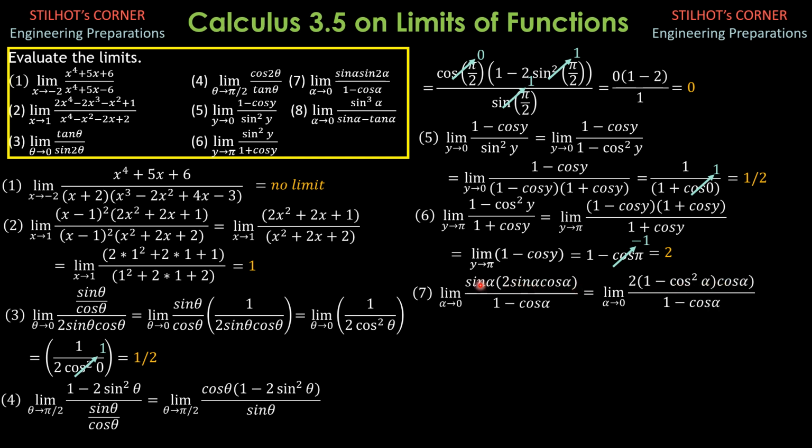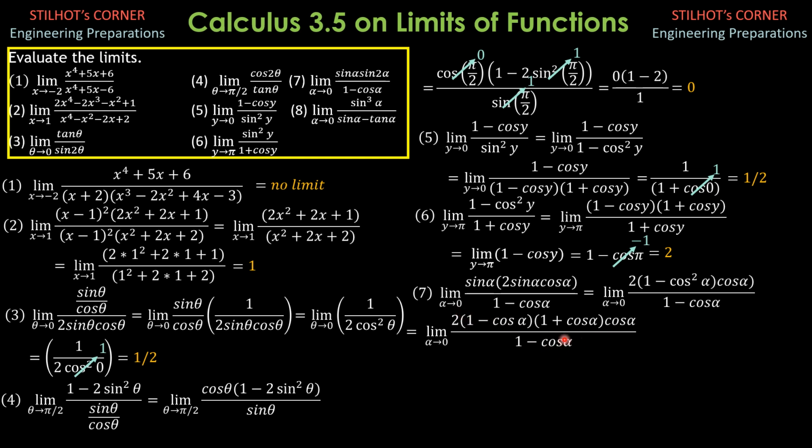As I said, I directly replace sine square of alpha here by 1 minus cosine square of alpha. Then we factor 1 minus cosine square of alpha into 1 minus cosine of alpha times 1 plus cosine of alpha, so times cosine alpha over 1 minus cosine alpha.